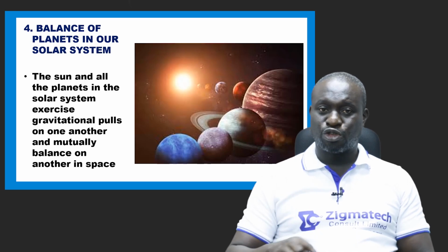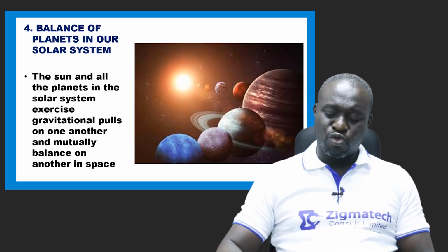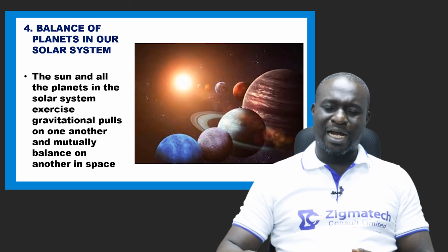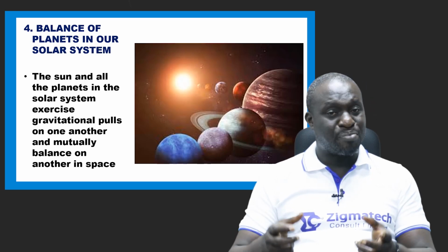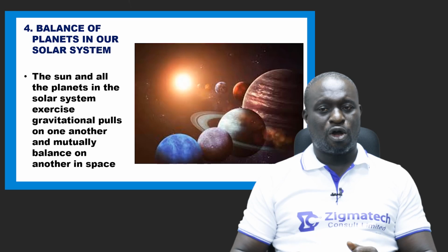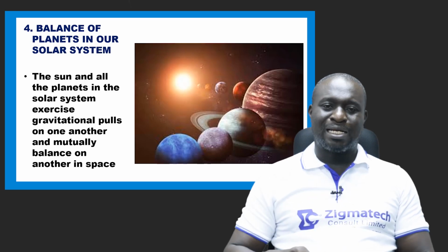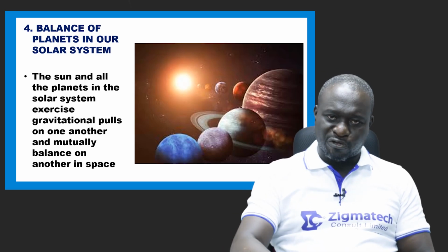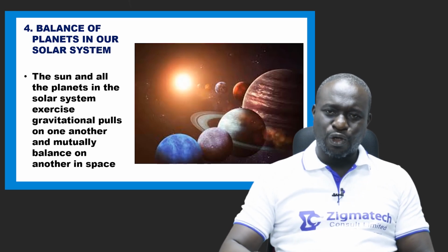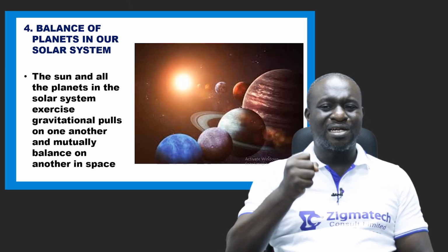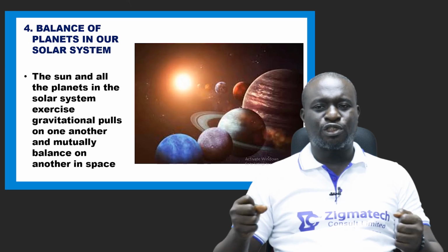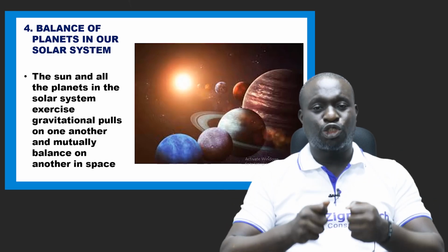And I have just mentioned to you also that the moon revolves round the Earth. Why? Based on the gravitational pull of the Earth. Also, the planets revolve round the sun, also because of the gravitational pull of the sun and other planets on each other.